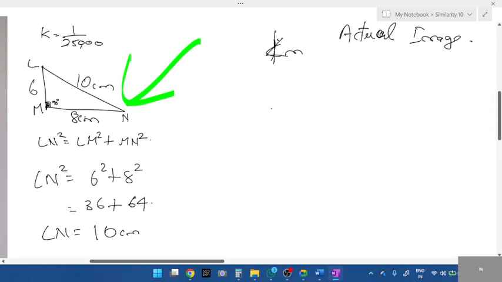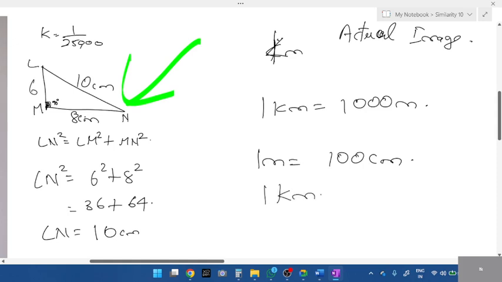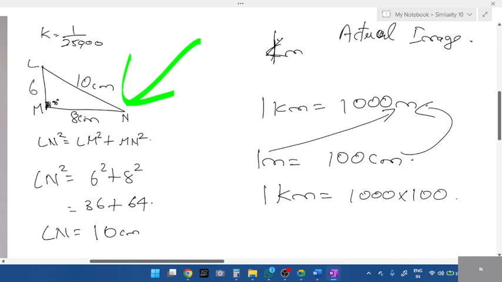So I'll tell you the calculation part. Look, 1 kilometer is equal to 1000 meters. 1 meter is equal to 100 centimeters. Therefore, 1 kilometer is equal to, in place of this 1 meter, students, substitute this 100. So that is 1000 into 100 centimeters.